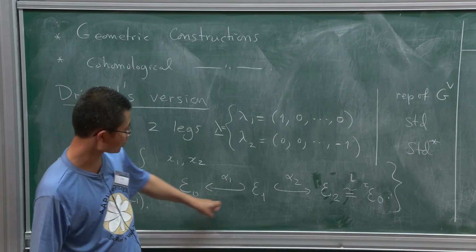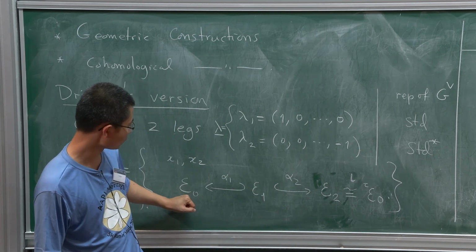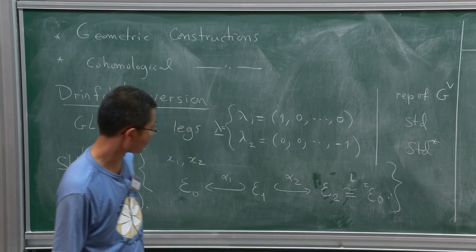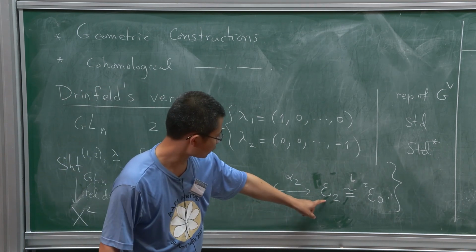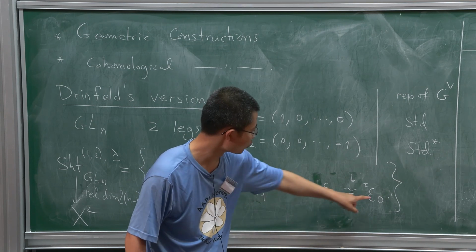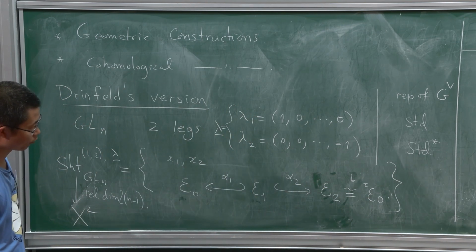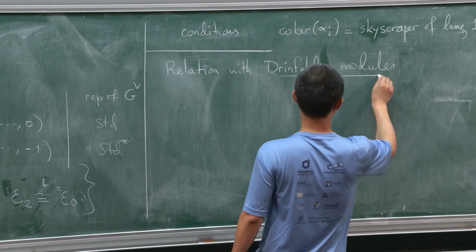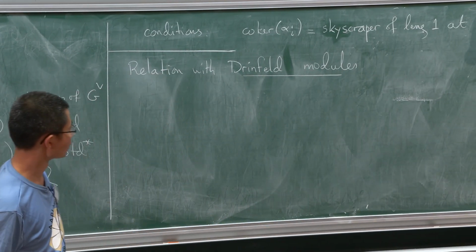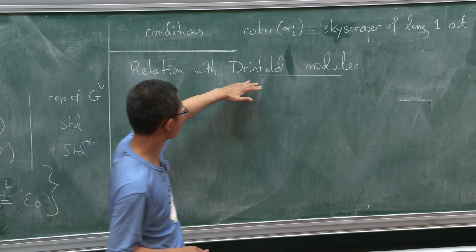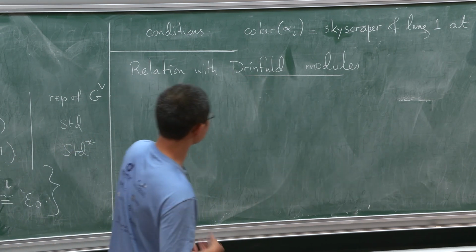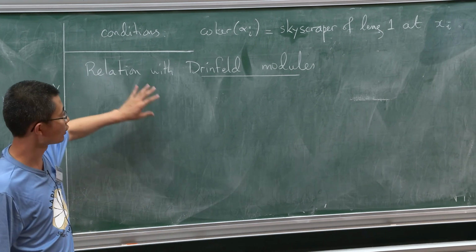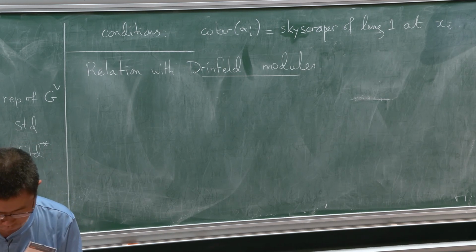Well, it's easy to make the first two steps. You pick your favorite bundle, say the trivial bundle, modify it at x1, then modify it at x2. But the nontrivial part is to give an isomorphism back to the original bundle. And Drinfeld modules give a more concrete way of doing this. And historically, Drinfeld modules came before Shtukas. So I'll be very brief here, and more details are in the notes.